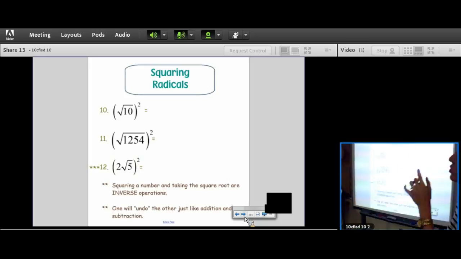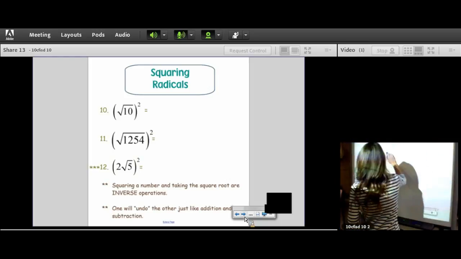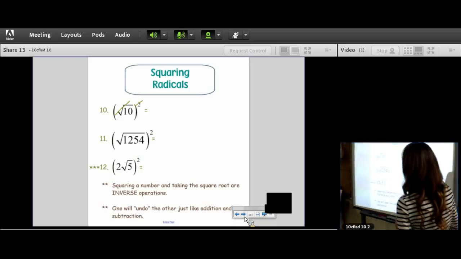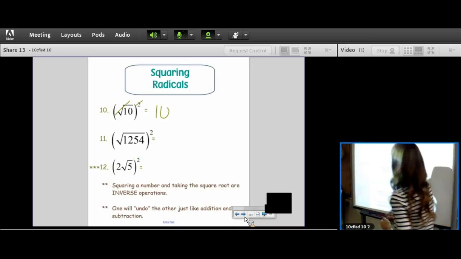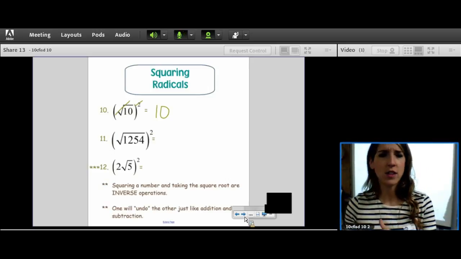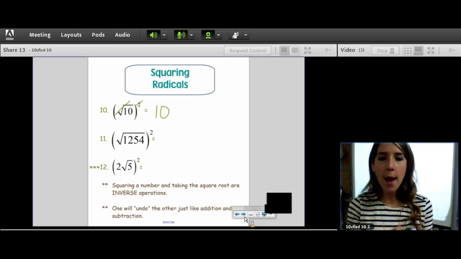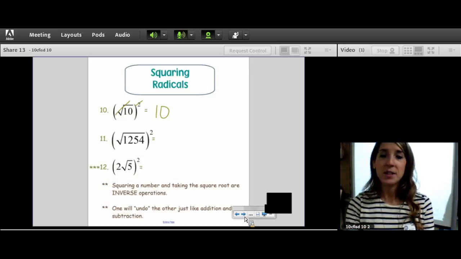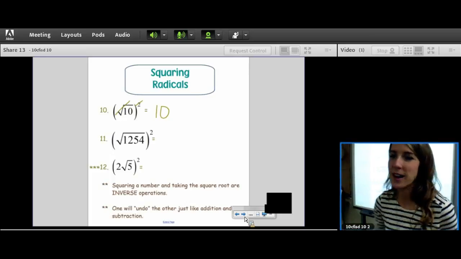So when you square the square root of 10, the square and the square root cancel, and the answer is just 10. Should you square it and do square root of 100 and this? No, you skip the step. You absolutely just cancel them out. So square root of 10 squared is 10. Square root of 1,254 squared is?